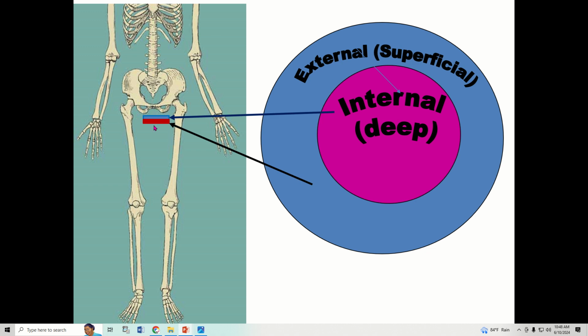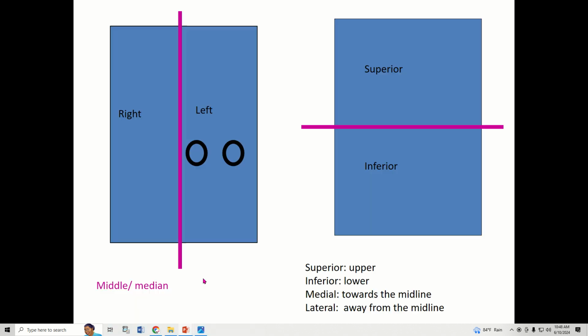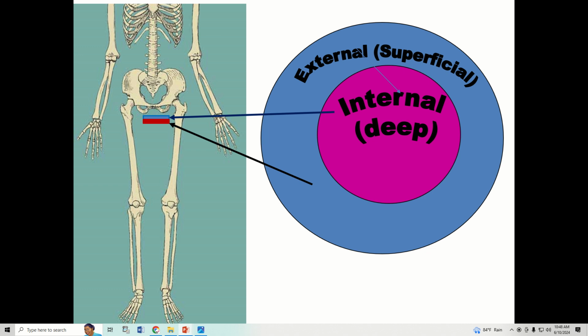This is the perineum. Here superficial means inferior and deep means superior. In the case of the feet also, superficial means inferior and deep means superior.